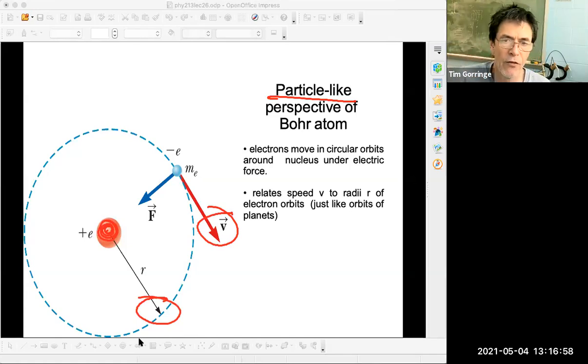I.e., for a given radius of orbit, there's a particular speed the electron will orbit at, or for a given speed of the electron orbit, it must be orbiting at a certain radius. So that's dictated by the fact that that electrical interaction is providing a centripetal force.